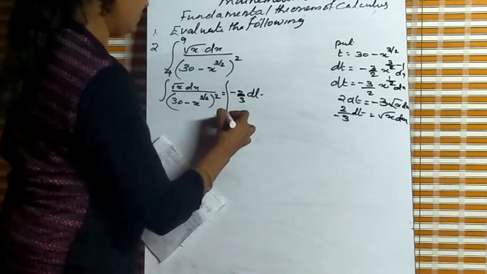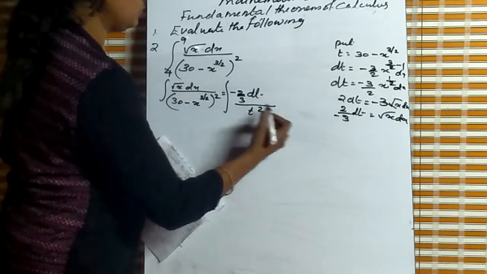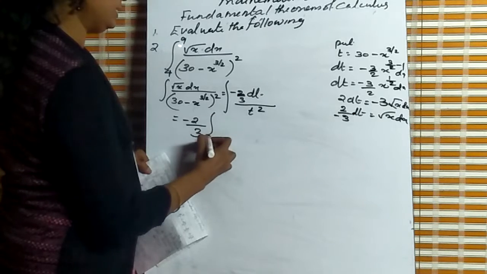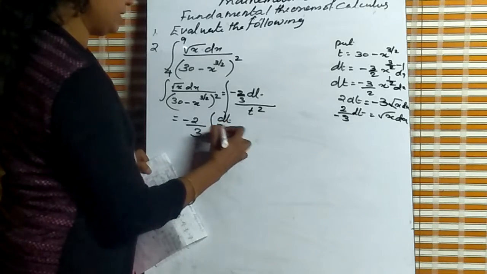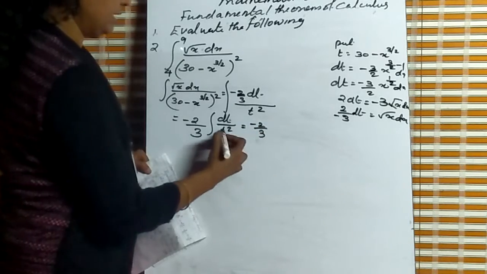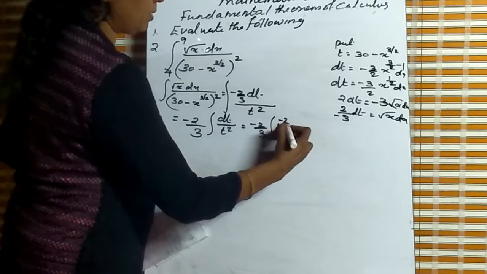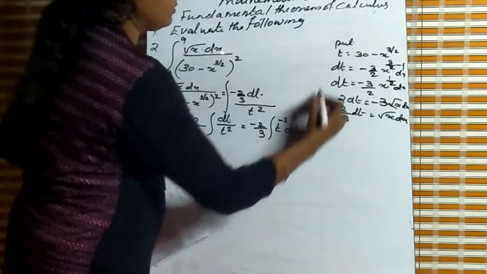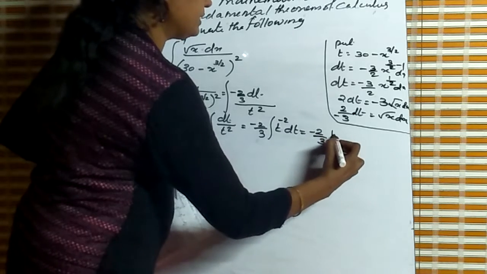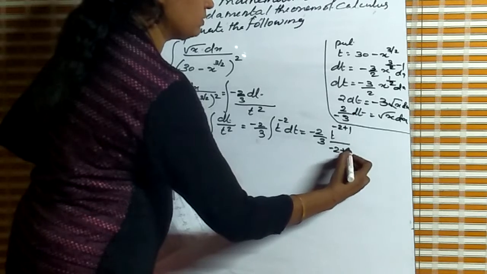So the integral is minus 2 by 3 into the integral of dt by t squared, which is the integral of t raised to minus 2 dt, equal to minus 2 by 3 into t raised to (minus 2 plus 1) by (minus 2 plus 1).